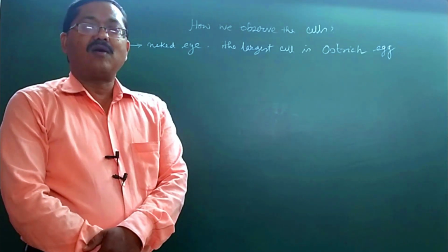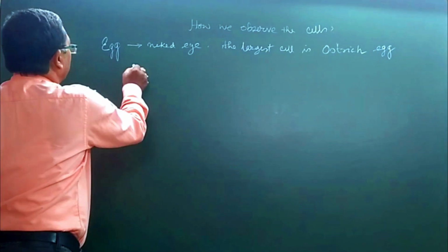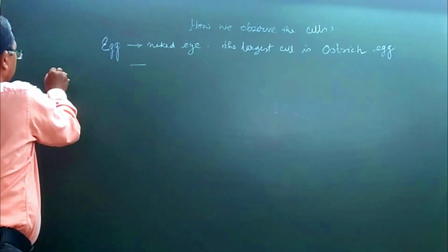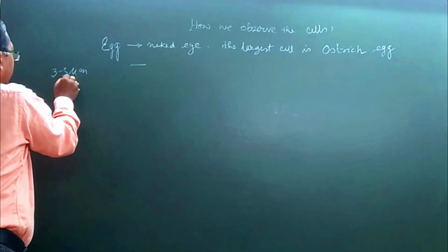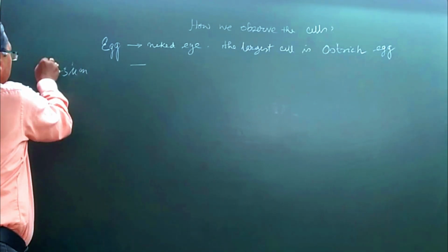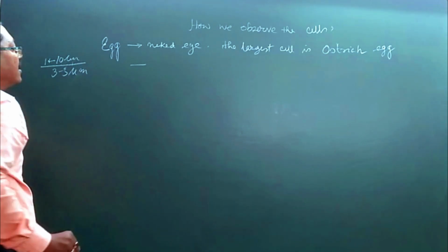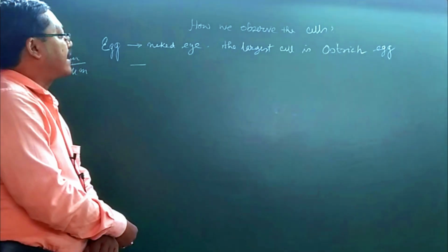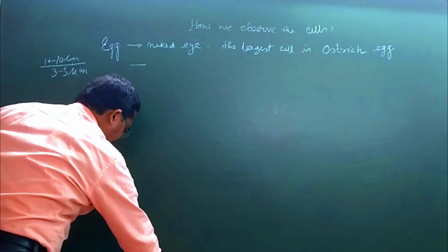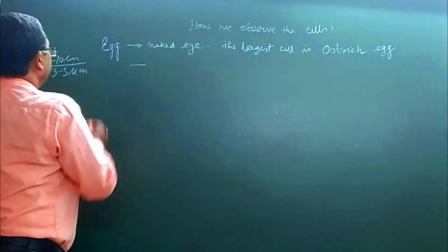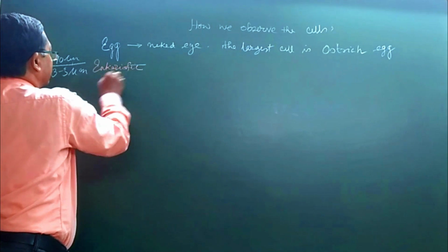When a normal cell whose size ranges from 3 to 5 micrometer or even 10 micrometer, 1 to 10 micrometer, particularly all eukaryotic plant and animal cells.